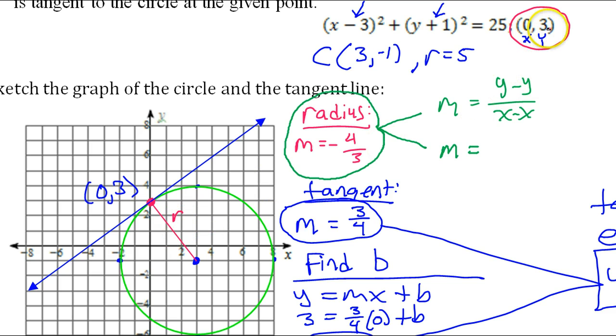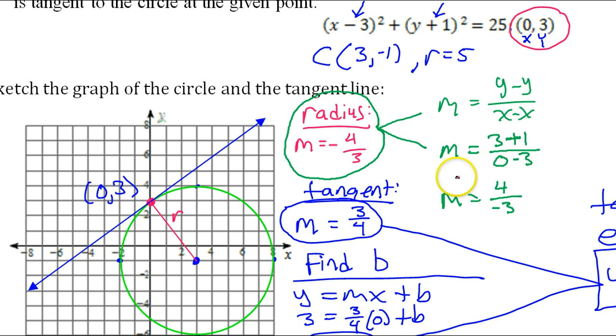I could have done this, y minus y, so that would have been 3 minus -1. Alright, and then x minus x, so that would have been 0 minus 3. Okay, minus -1 is addition, so that would be 3 plus 1, which is 4. Obviously 0 minus 3 is -3.